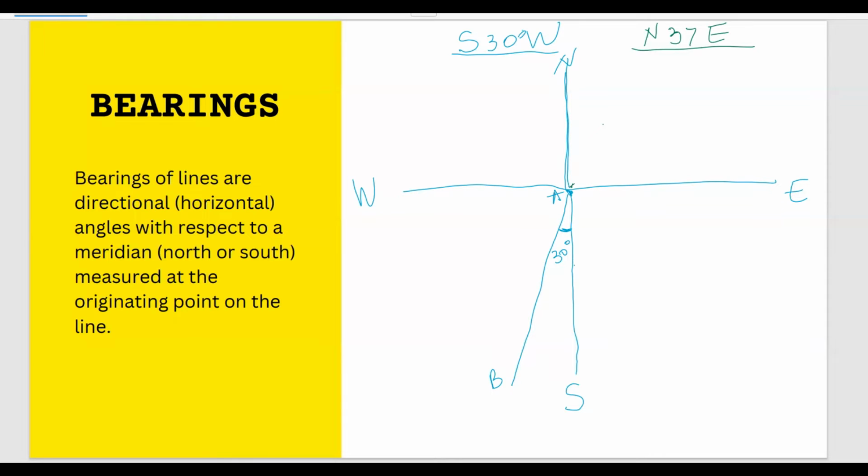And you have to draw that line with respect to the north meridian. So you're going to go north, east, 37 degrees with respect to the north meridian. And this is, let's say, AC. This is your line AC. So this is how you draw lines when you know the bearings of the lines.